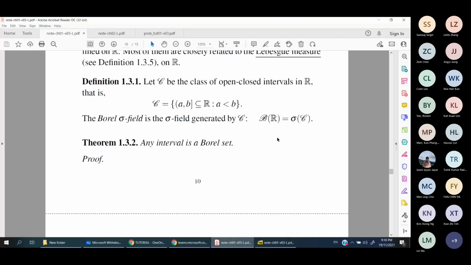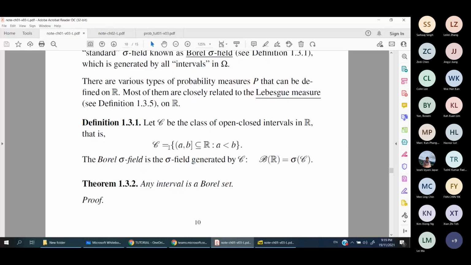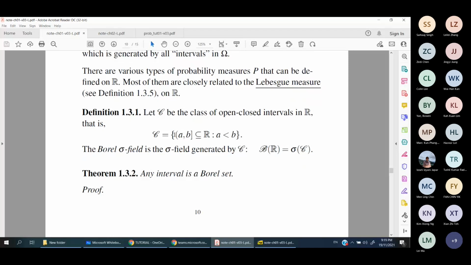First of all, we consider this kind of open-close interval, all of these open-close intervals. Next, a Borel sigma field is a sigma field which is generated by this kind of interval. Which means you take any intersection or union of this kind of thing, so that will be the Borel sigma field.